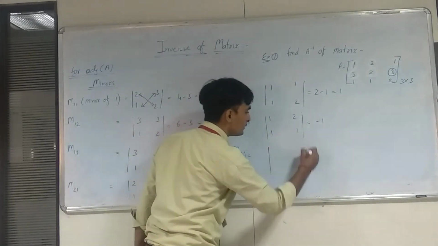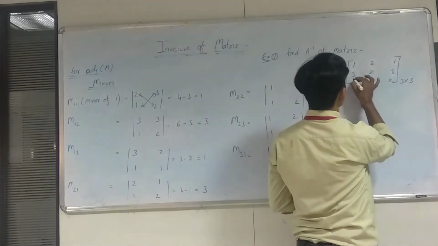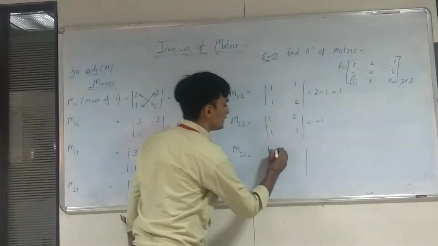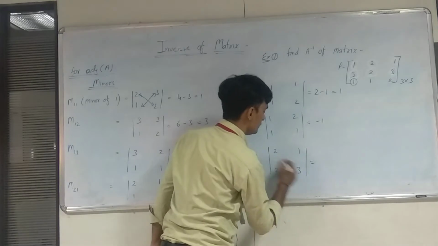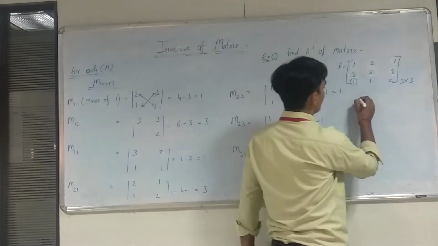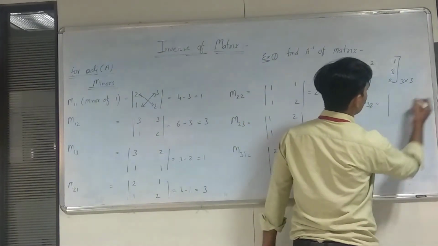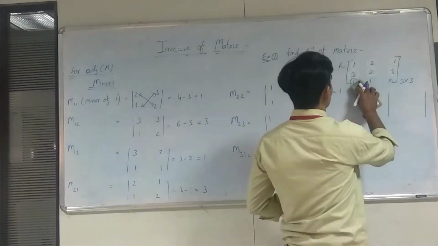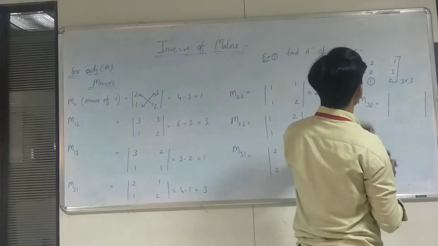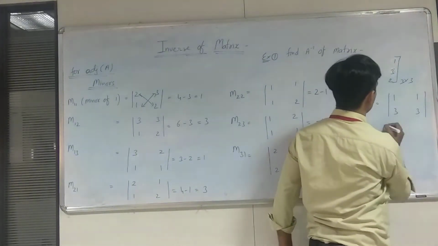M31, first column and third row, 2 1 2 3. 6 minus 2, it is 4. Same way M32, third row second column, 1 1 3 3, it is 0.